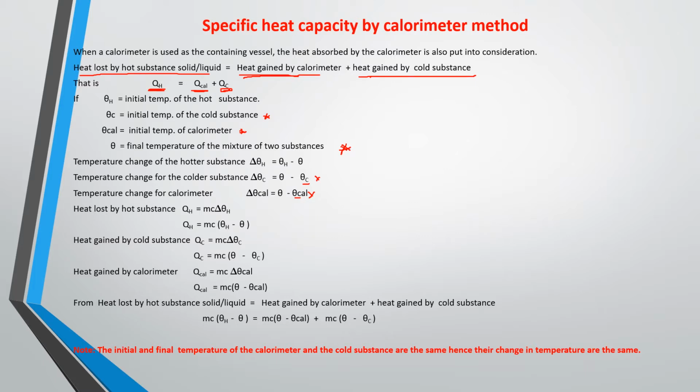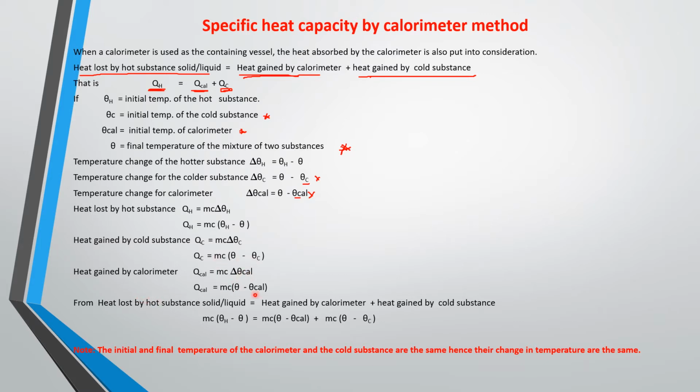So having said that, you can now say that the heat lost by the hot substance is equal to mc theta, where theta is the change in temperature. The heat gained by the cold substance is mc theta, with its change in temperature. The heat gained by the calorimeter is equal to the mass of the calorimeter times the specific heat capacity times the change in temperature.